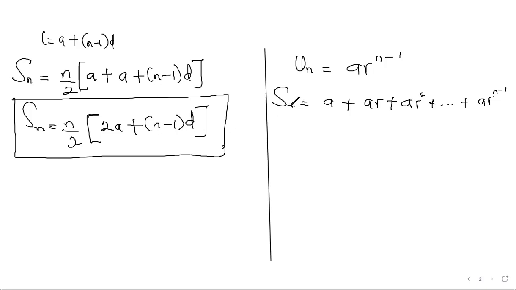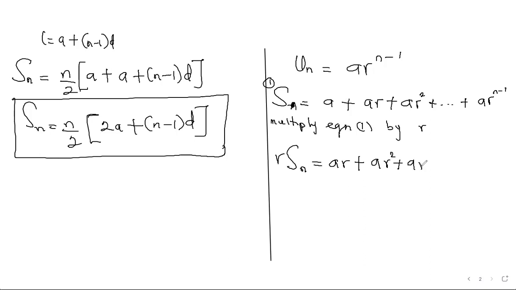So this is Sn. If I call this equation 1, and I multiply equation 1 by R, then I will get R Sn equals, so this becomes AR, this becomes AR squared, this becomes AR raised to the power 3 plus dot dot dot AR raised to the power n, because R raised to the power n minus 1 multiplied by R, the indices, you add the powers, so this cancels this, then you have R raised to the power n, that's why.